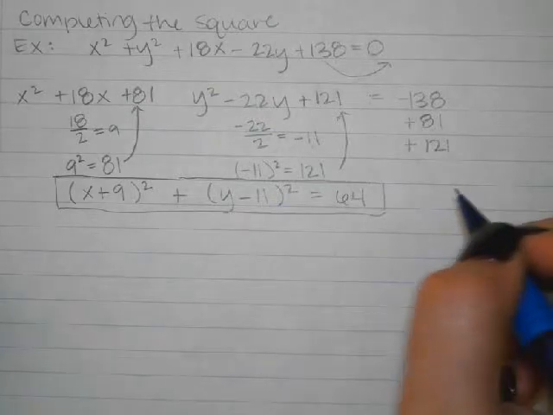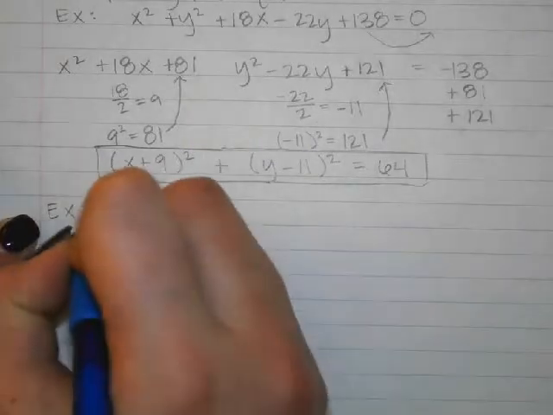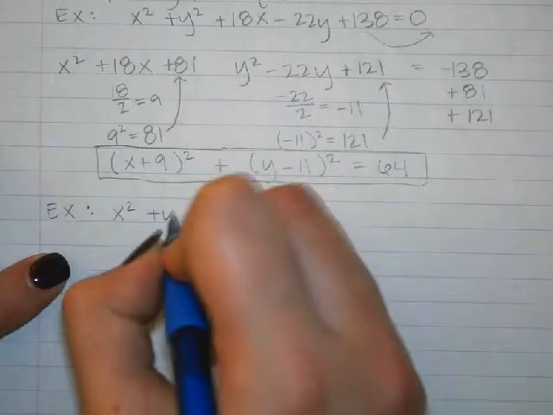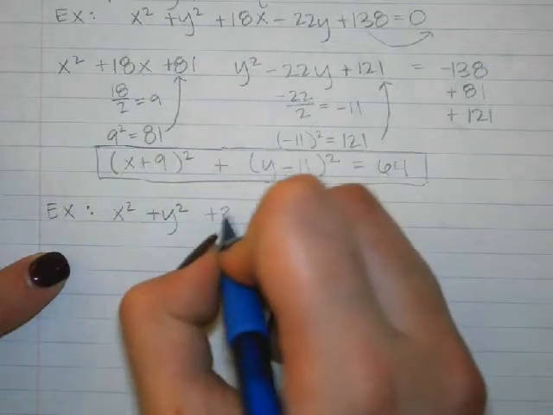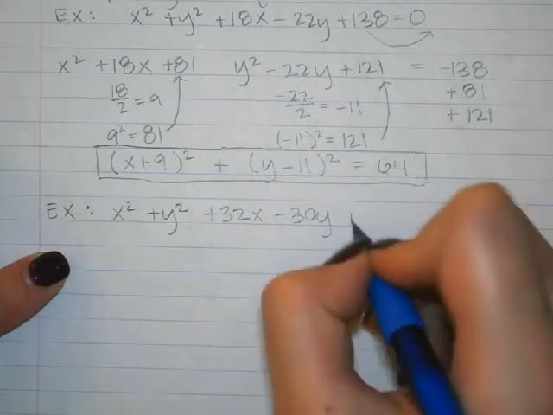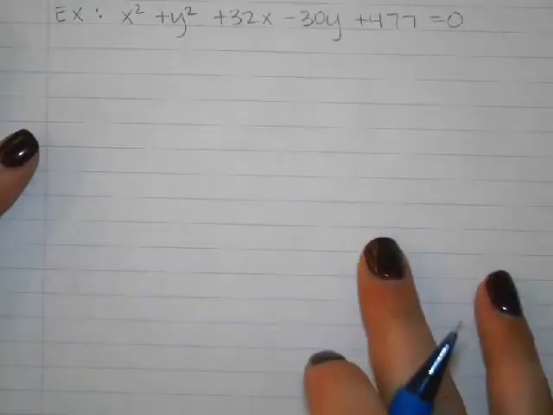Okay? All right, let's go ahead and try another one, and this time you guys are going to help me with it. So we'll go ahead and do x squared plus y squared plus 32x minus 30y plus 477 equals 0.